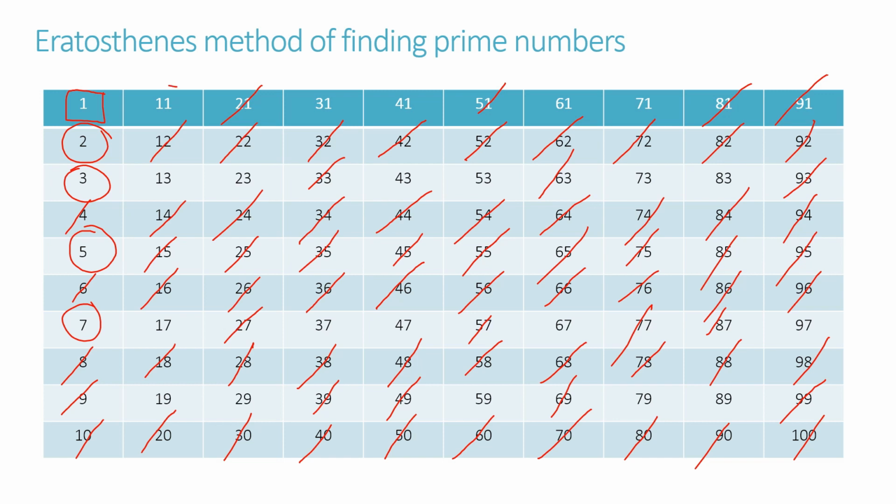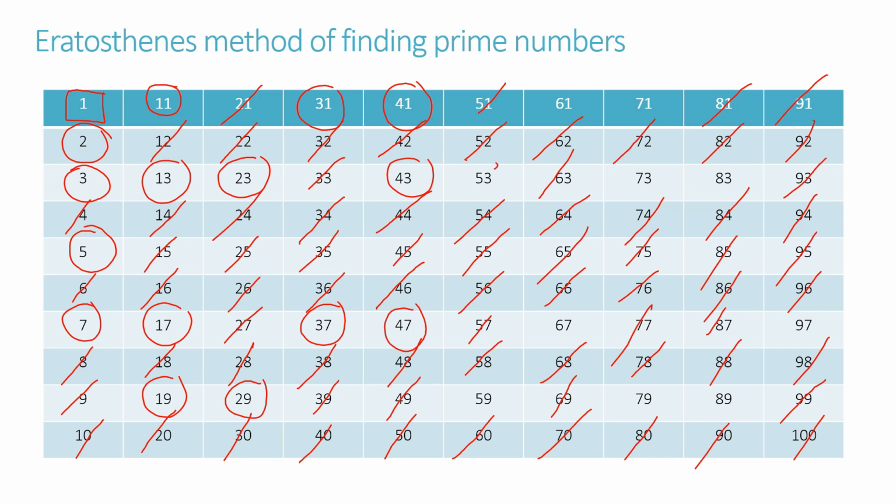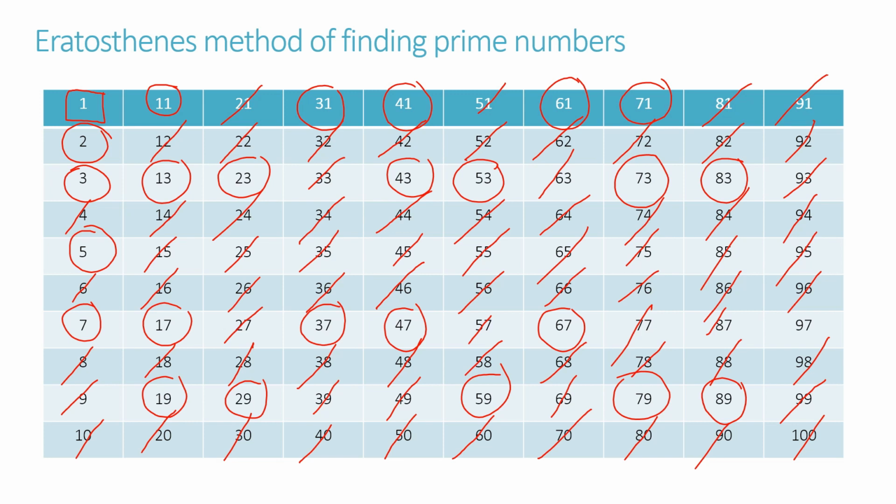Here 11, 13, 17, 19, 23, 29, 31, 37, 41, 43, 47, 53, 59, 61, 67, 71, 73 and 79, then 83, 89 and the last number is 97.